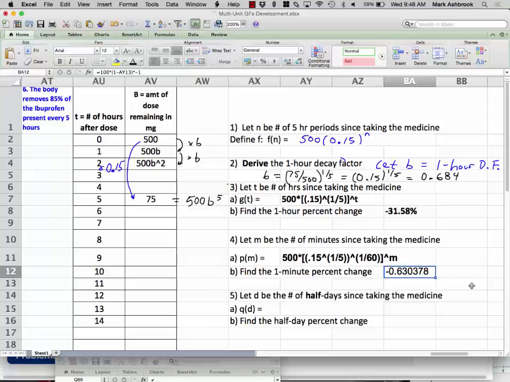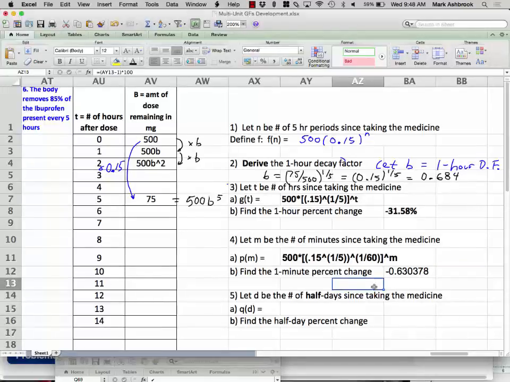Because the 1 minute decay factor is 0.9937. And so this is truly percent. It's less than 1%.